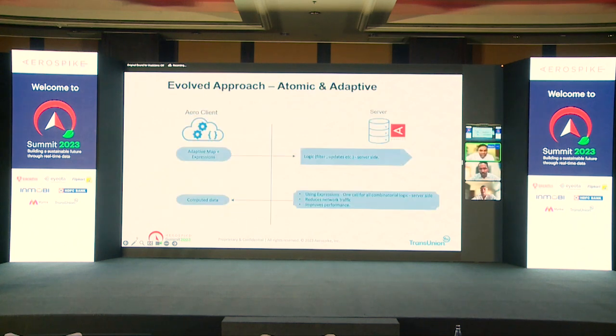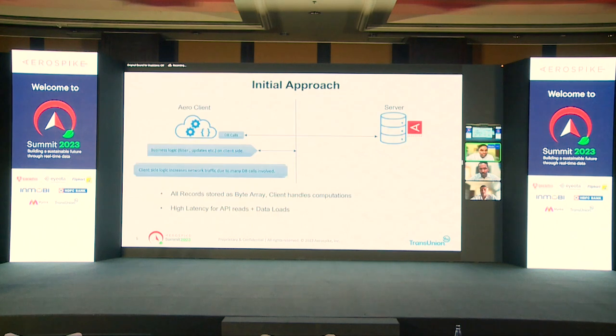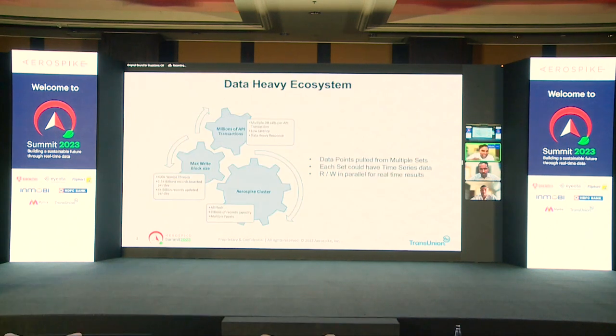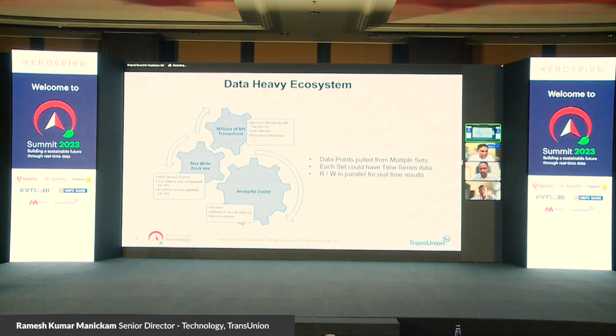So let me quickly address that. I think you're talking about the max write block size. There are certain options. The first thing is Aerospike gives you a capacity sheet to fill in, based on the nature of the data. In our case, it's not uniform for all kinds of identities, because we need to provide a solution for fraud prevention.